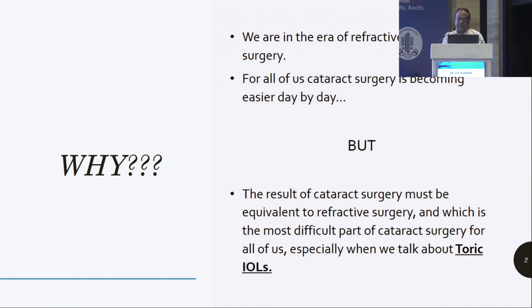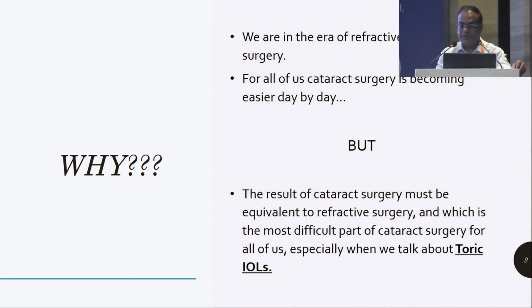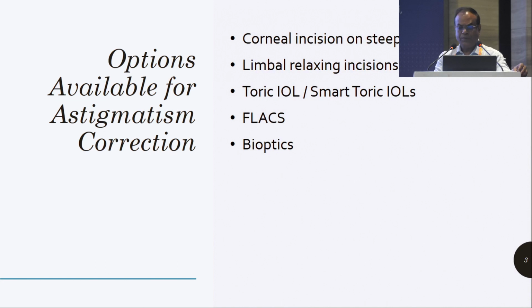But the result of cataract surgery must be equivalent to refractive surgery, and which is the most difficult part of cataract surgery for all of us, especially when we talk about toric IOLs. And that's why very few of us adopted toric earlier in our cataract surgery portfolio.